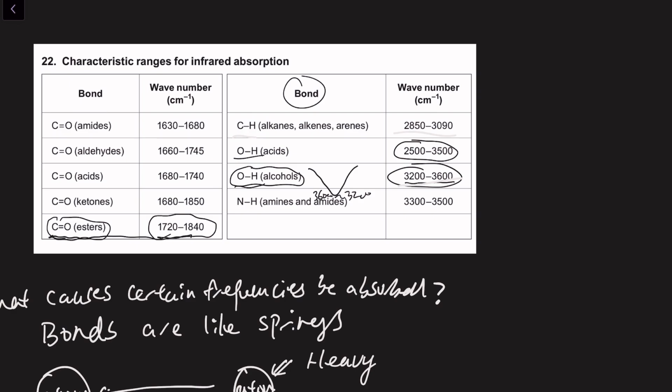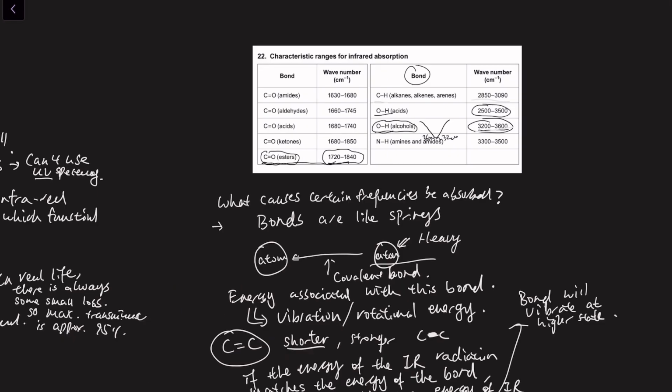Precisely because each covalent bond has a different strength, it will absorb waves at a different frequency. So in essence, each bond is unique, and thus it will absorb unique wavelengths of light.